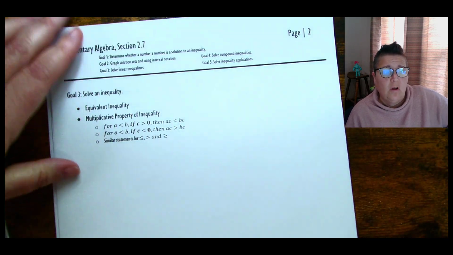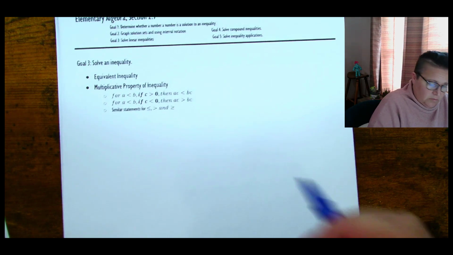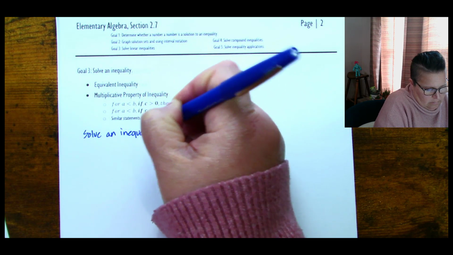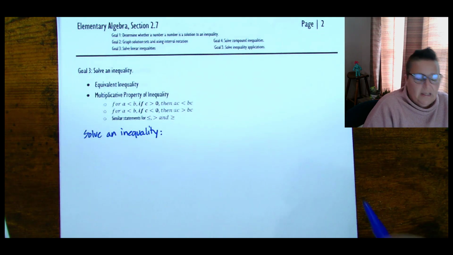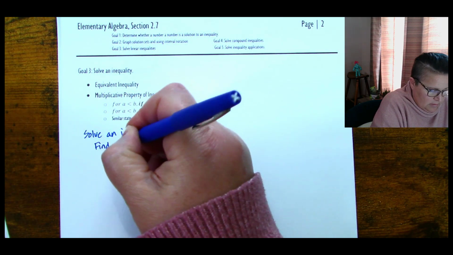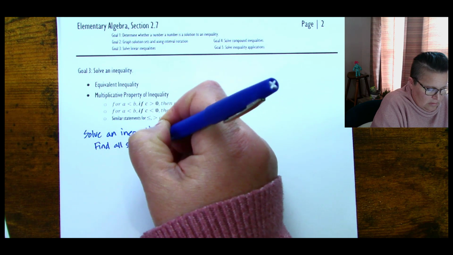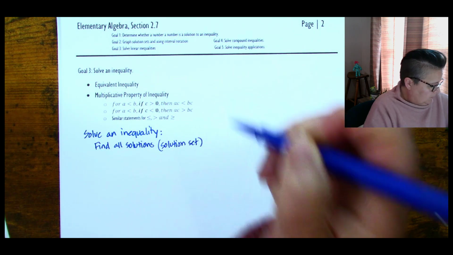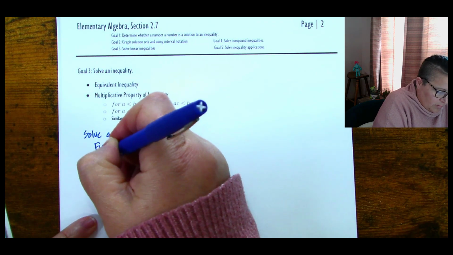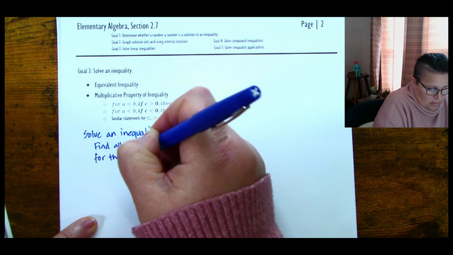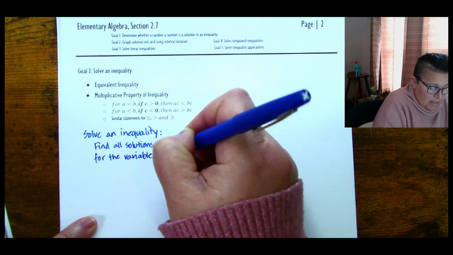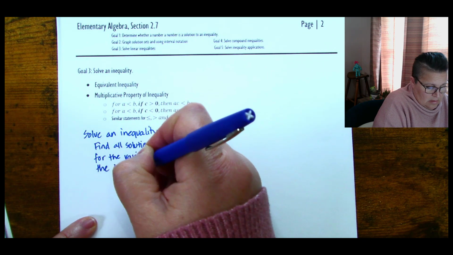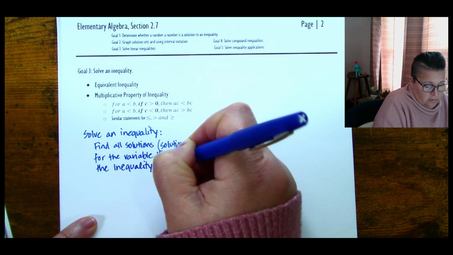All right, so when you solve an inequality, what you're being asked to do is to find all the solutions, or the solution set, for the variable that make that inequality true.